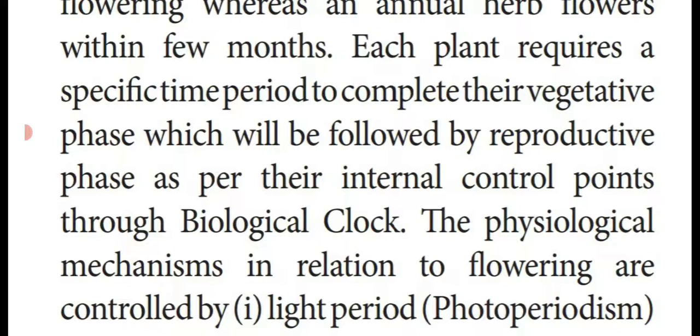That means plants show two types of phase, the vegetative phase and the reproductive phase. The formation of flowers is the reproductive phase. It will vary in different plants and trees. So plants which complete their vegetative phase followed by the reproductive phase, as per the internal control points, is known as biological clock.